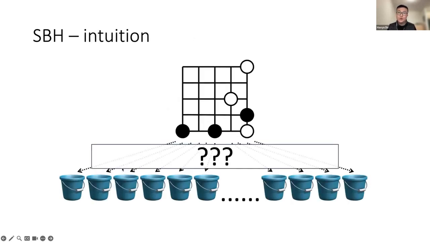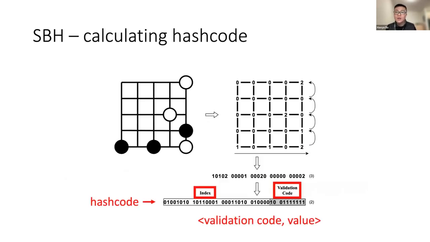So let's come back to this question. We have a board, we want to store it. Into which bucket do we store it? To determine that, we need to first look at how hash codes are calculated. On the left, we have a board. We encode each empty point as 0, each black point as 1, and each white point as 2. So a board can be seen as a 2D array of 0, 1, and 2.